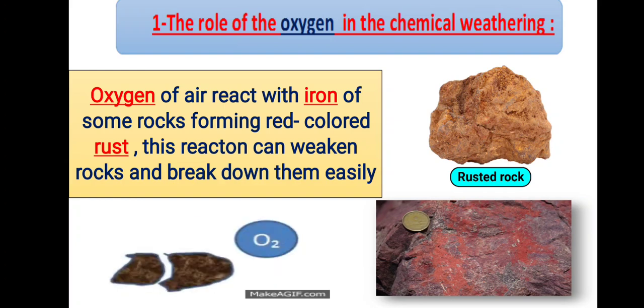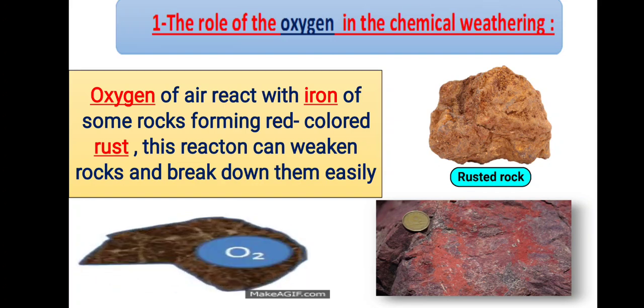So there is a chemical reaction between the oxygen of the air and the iron of the rock, and because of this, rust is formed, and the rock becomes very weak and is broken down.